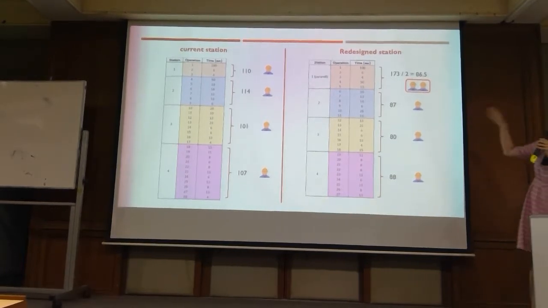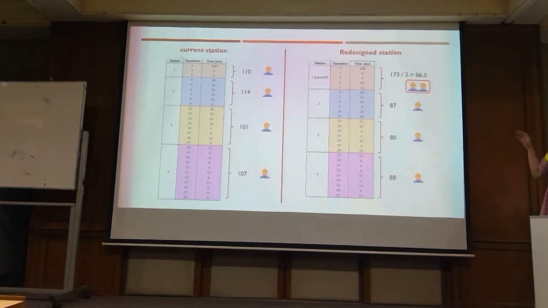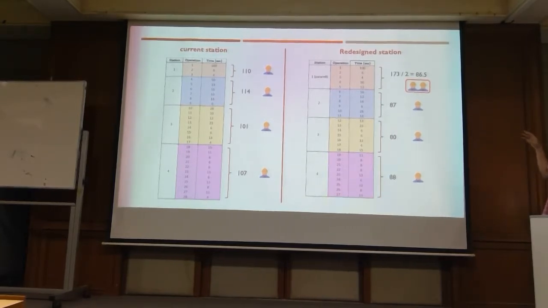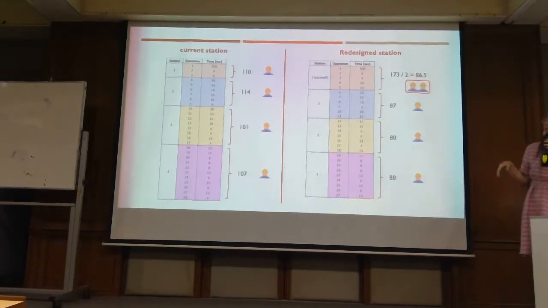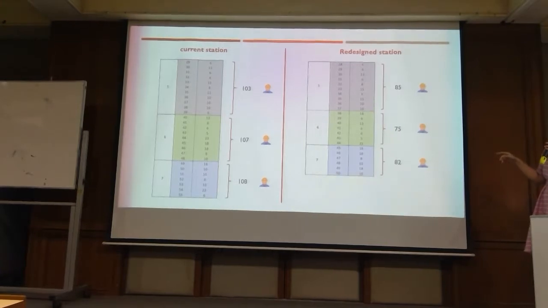And for stations 2, 3, and 4, we just use fewer operations so that the time used in each station will be less than 90 seconds. For stations 5, 6, and 7, we do the same thing. We reduce the number of operations in each station.